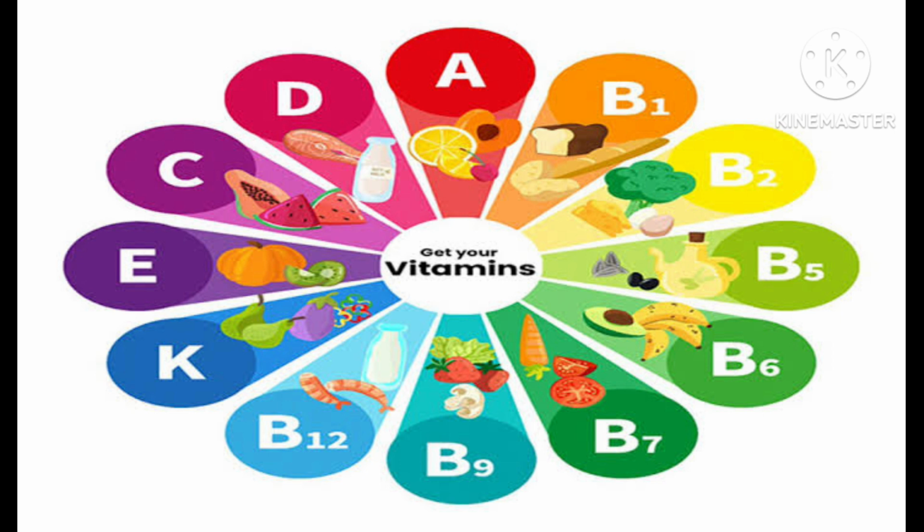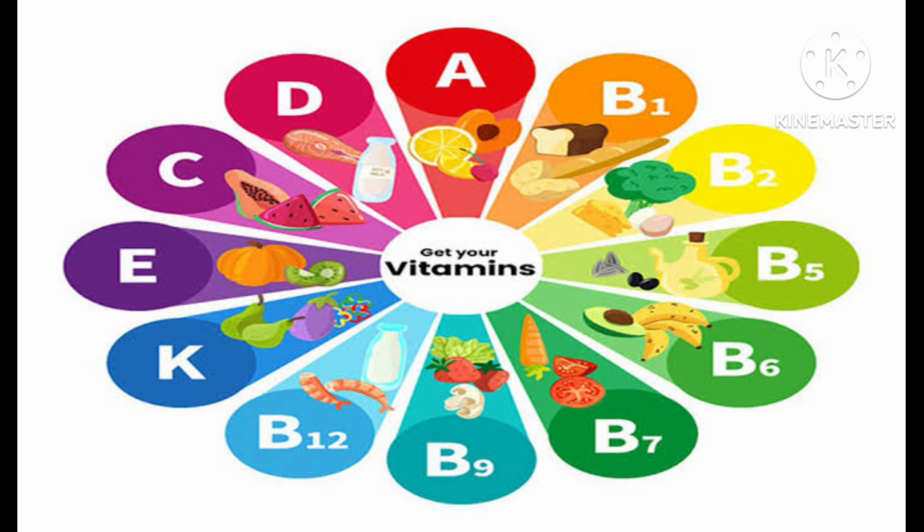But now come to the water soluble vitamins: B group vitamins and vitamin C are soluble in water, so they are grouped together. Many B vitamins are there, with subgroups like B1, B2, B6, B12.